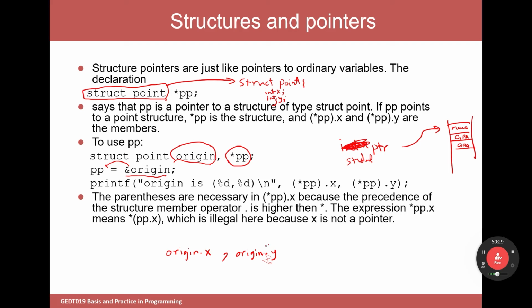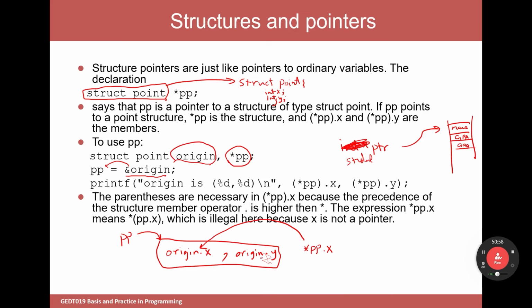Now if you have a pointer pp, and this pointer is pointing to this origin, how to print the value x? We will say (*pp).x. This is exactly the value of origin.x. So if origin.x is equal to 7, this will equal 7.